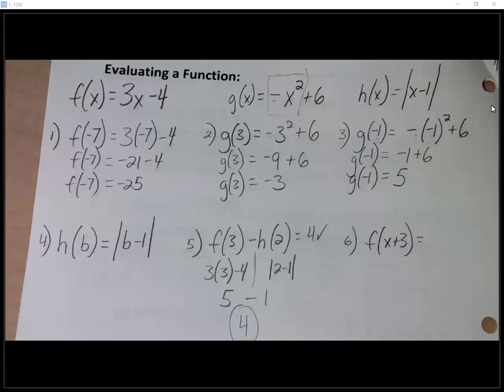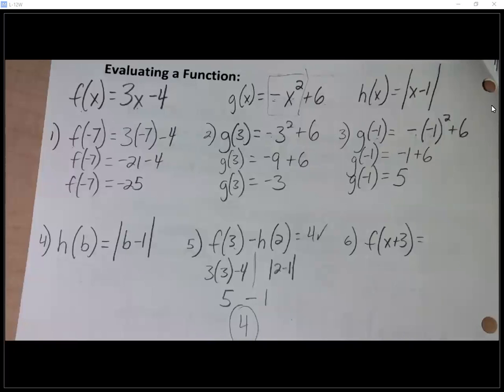You have an answer? 3x minus 4. I got the same as part of that, then a different ending. Lisa? 3x plus 5. Yeah, that's what I meant. So 3x plus 5 is correct for our final answer.